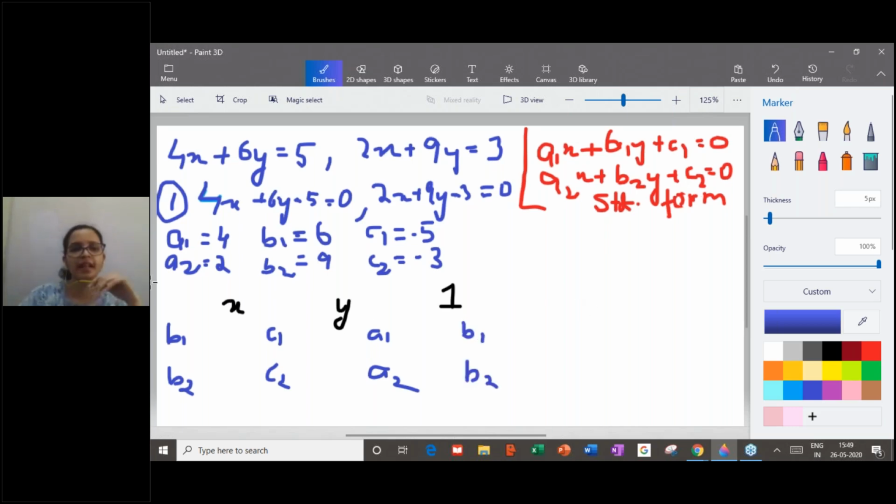Just write it as I have written. Once you've written this, substitute the values. It is clear till here, right?